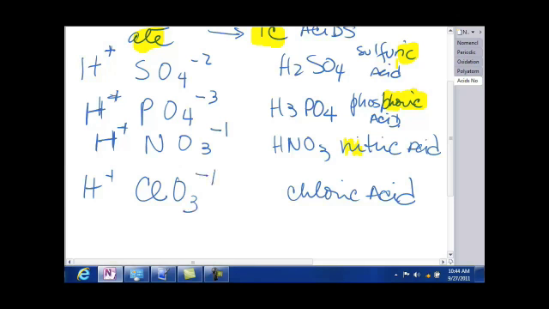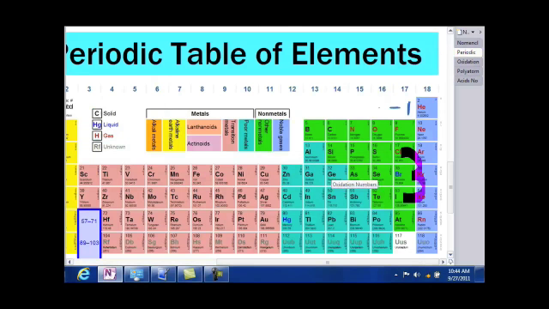Remember my periodic table? Cl had a 3 and a minus 1. So it's ClO3 minus 1. Yes? Okay, so then I write it. What is it? HClO3. That's how we do this.